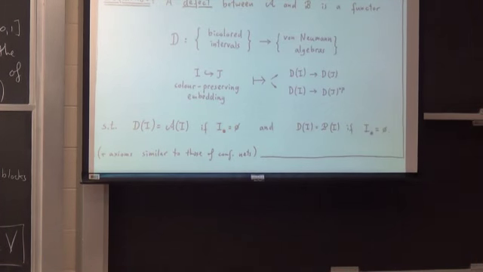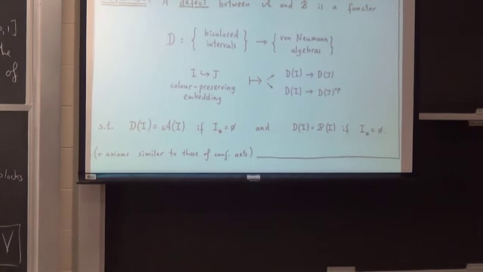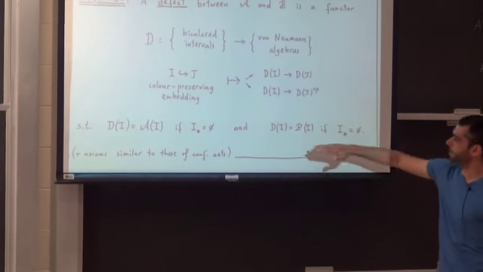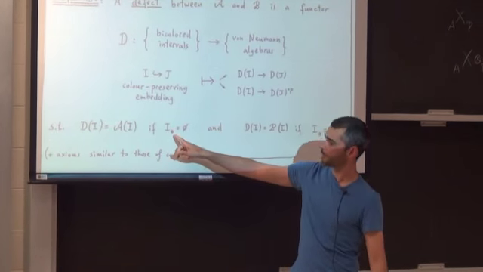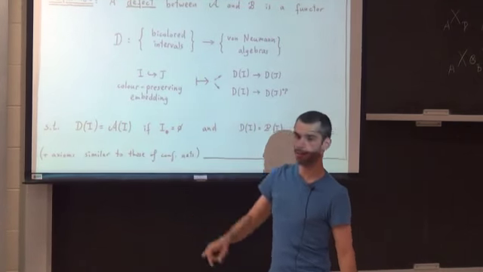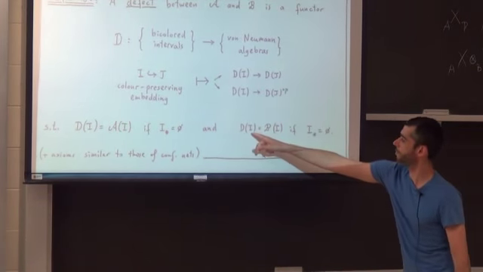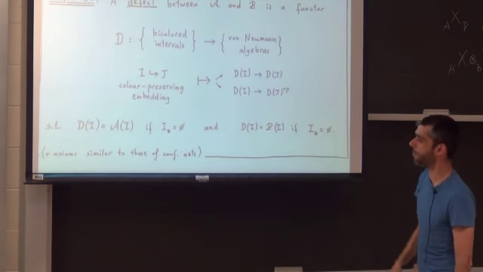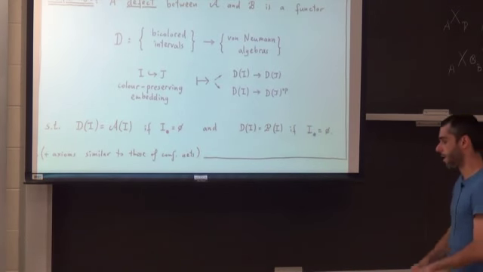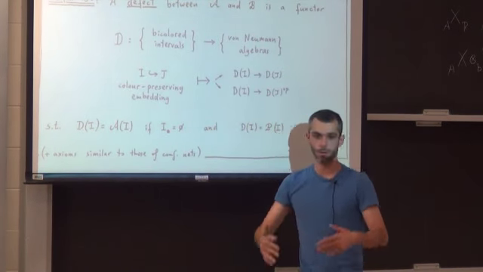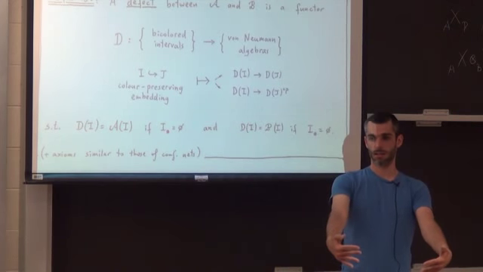If it's orientation reversing, it's an anti-homomorphism. And this is what I just said about the restriction of D to things that are entirely blue being the value of A. The restriction of D to things that are entirely red is the value of B. And then there's a couple of axioms. And these axioms follow really word for word the axioms for conformal nets.